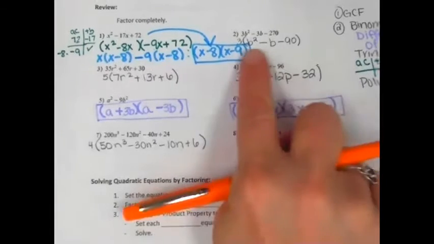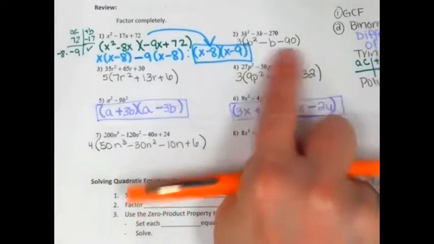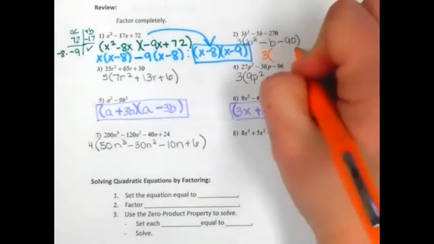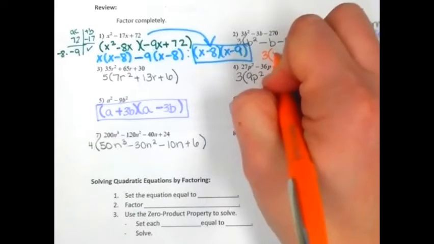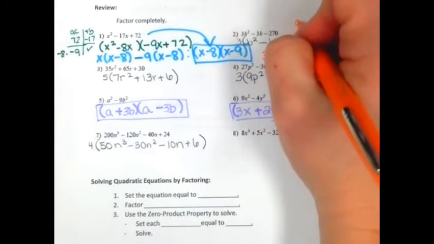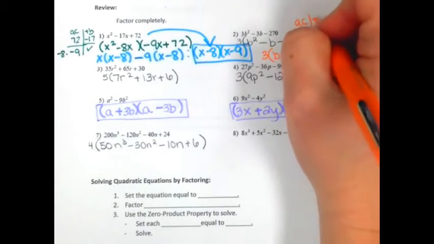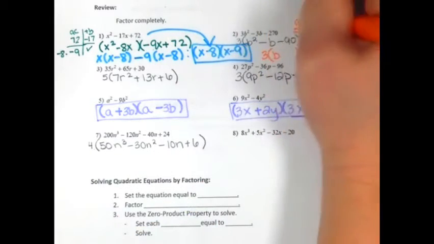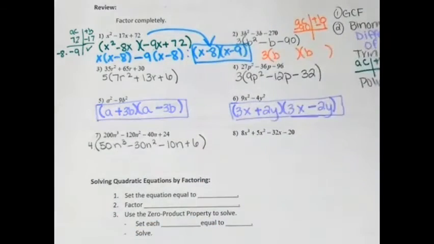All right, let's look at number 2. So a is 1 again. So we don't actually have to do the grouping method here because it's a little bit longer. So I'm going to keep my GCF out in the front here. b is going to go in front. And now let's do our a times c. 1 times negative 90 is negative 90. And my b is negative 1. So what times what is negative 90 that adds to be negative 1? 10 and 9.